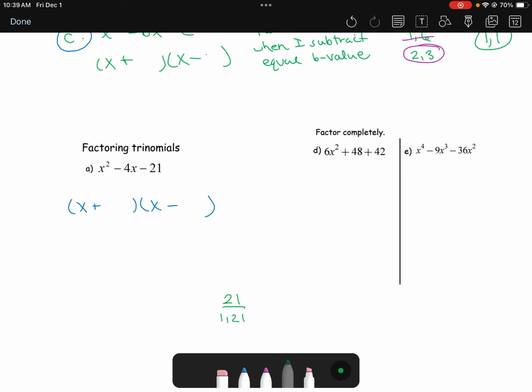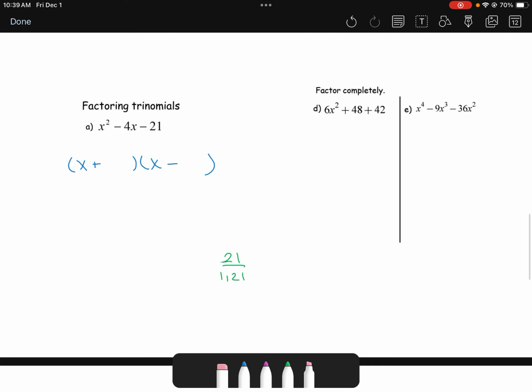So I have 1 and 21. And if you want, you can just ask, does 2 go into 21? No, it doesn't. 3 does, 3 and 7. Those are the only two factors of 21. If you're not very good at it, just grab your calculator and divide it out. When you get a whole number, you got it. Or, you know what, ask Google. Google can also tell you the answer if you get really stuck.